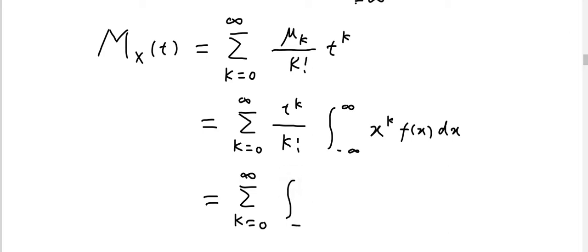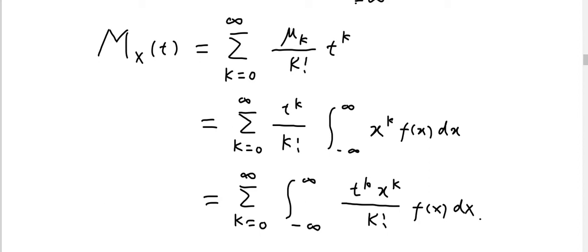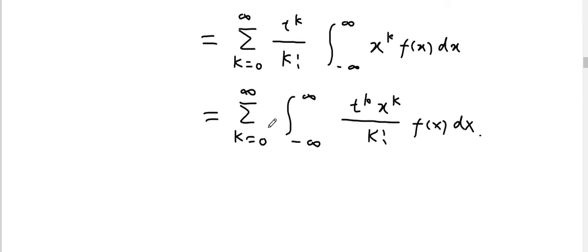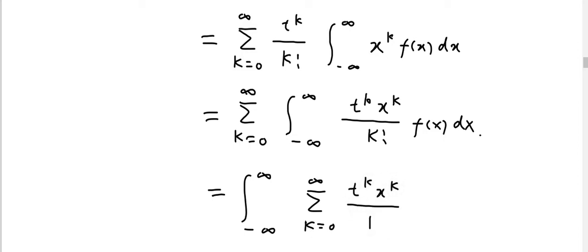So we can say this equals the integral from negative infinity to positive infinity of the summation, k equals 0 to infinity, of t^k x^k over k factorial, times f(x) dx.